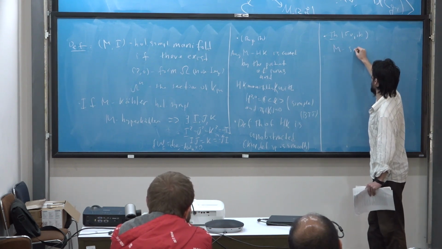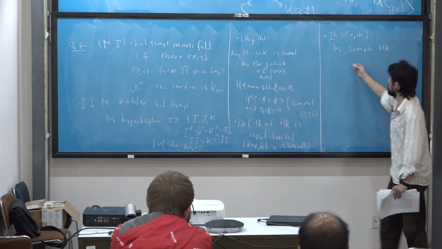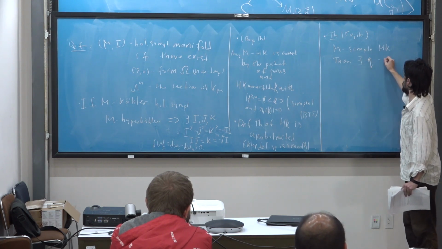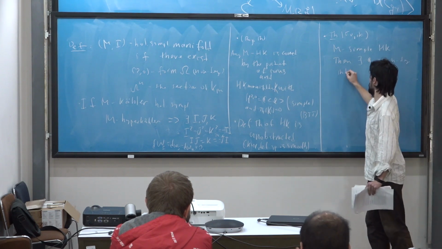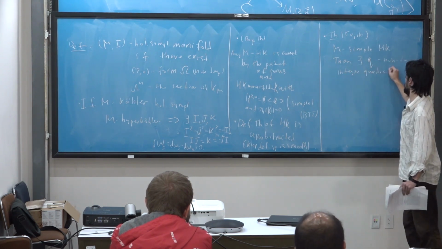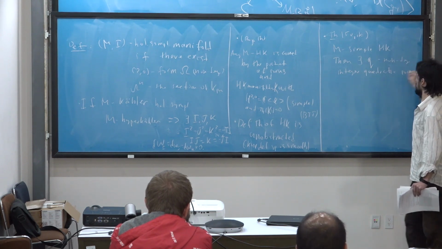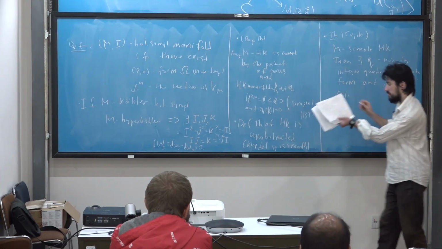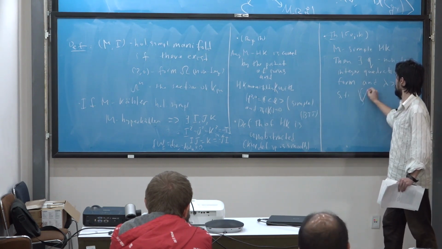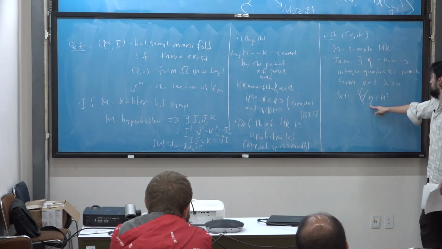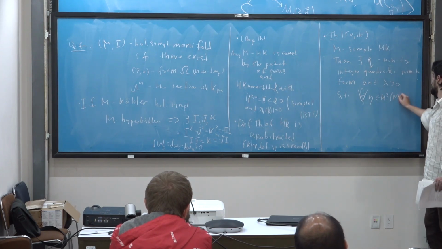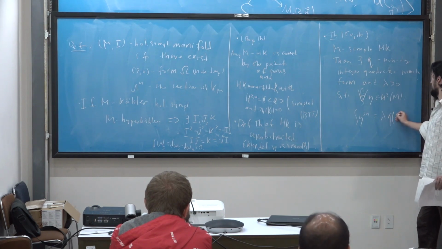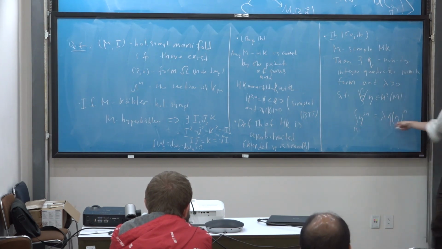M is simple hyperkähler when there exists a non-degenerate integer primitive quadratic form Q and a rational constant lambda such that for any two-form eta we have the following: the integral of eta to the 2n is lambda times Q computed on eta, to the n. And this is the Fujiki relation.